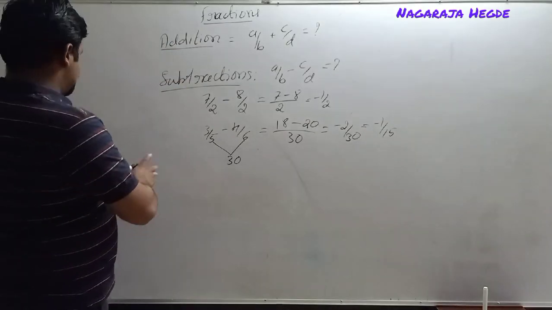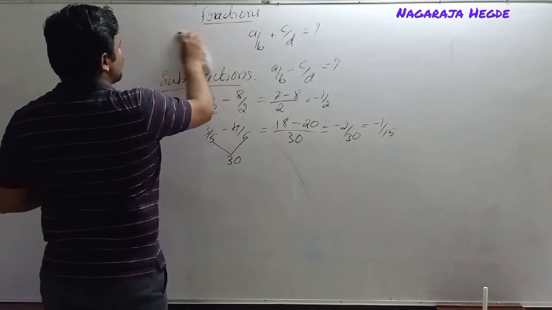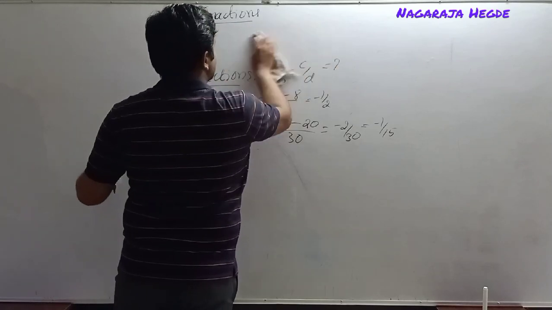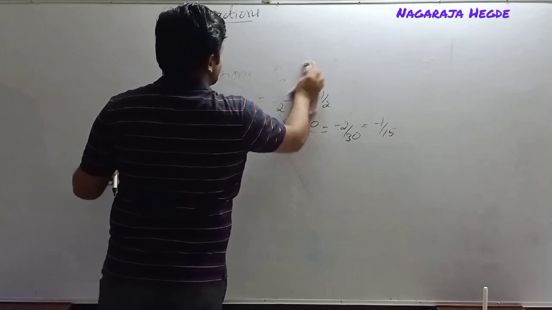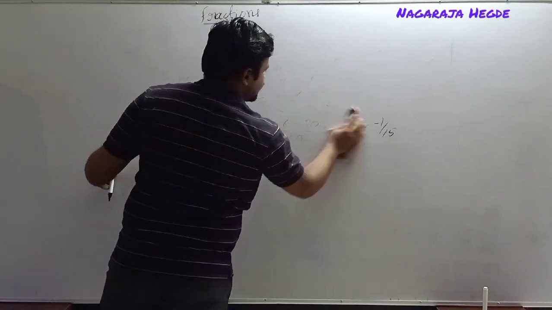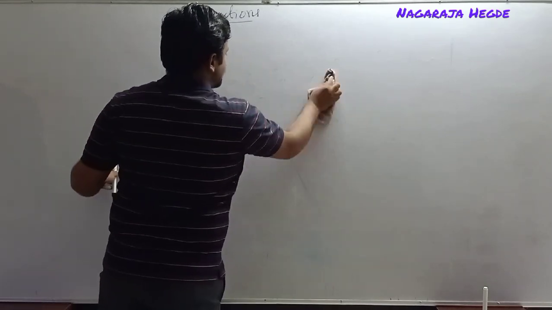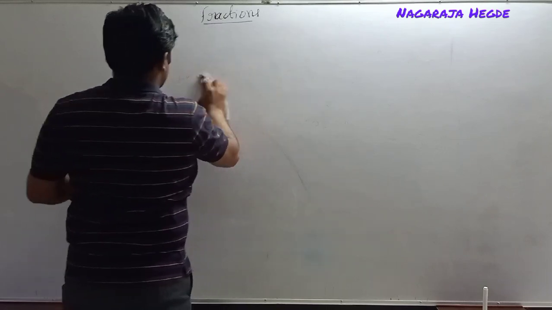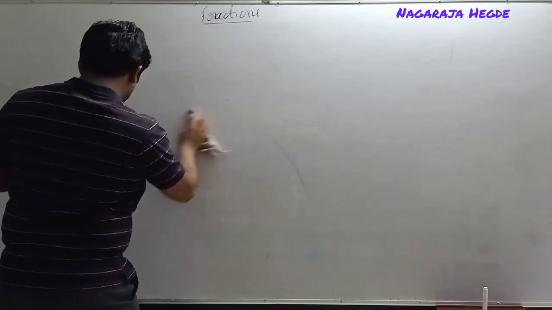Now let us go for multiplication. See, multiplication of two fractions is very easy. There are no rules like addition and subtraction. Directly we can multiply two fractions. So how to multiply?